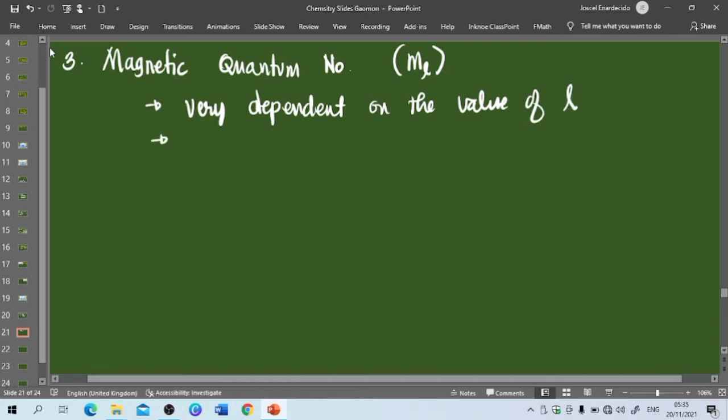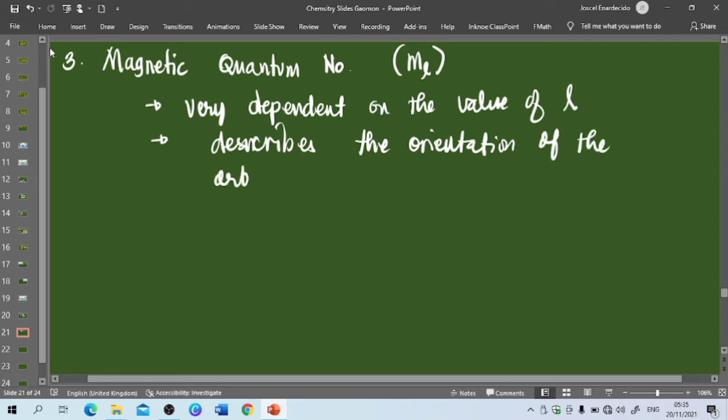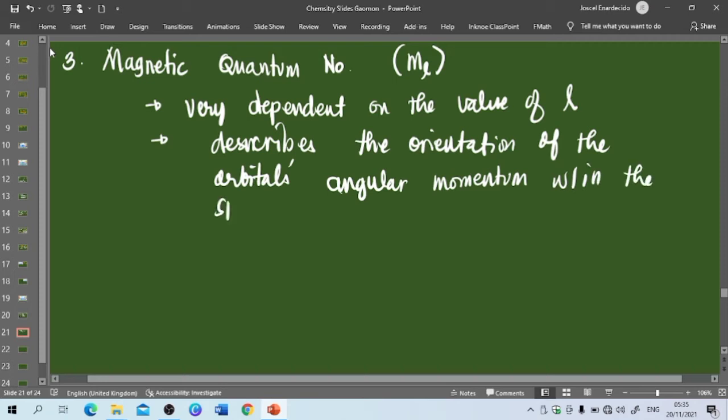Now, what does this magnetic quantum number mean? This describes the orientation of the orbital's angular momentum within the specified sublevel.